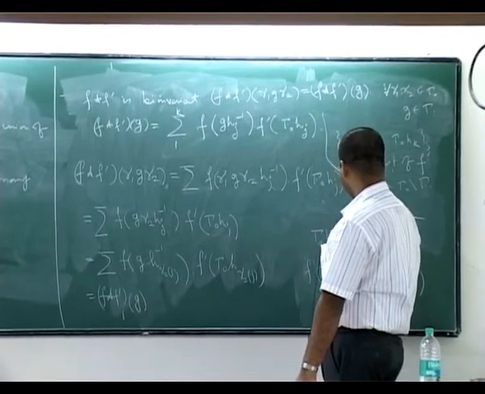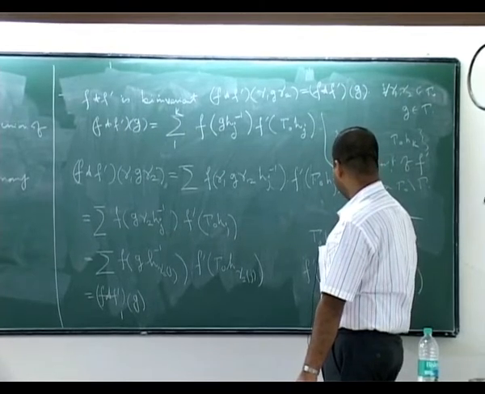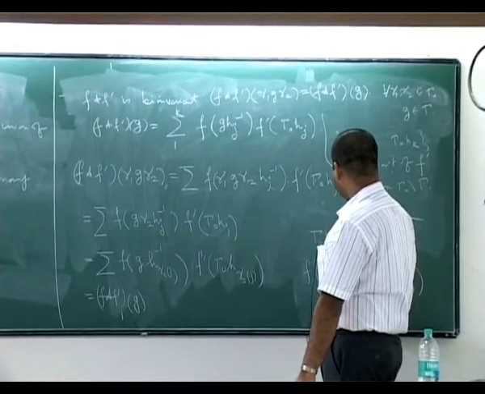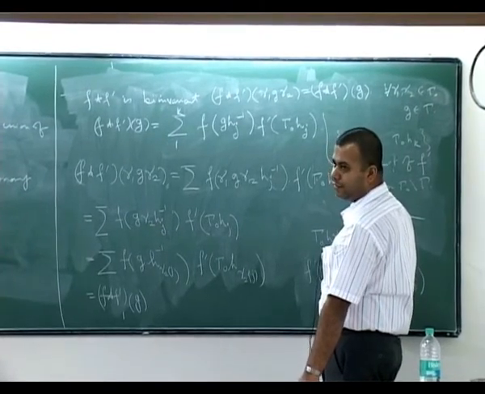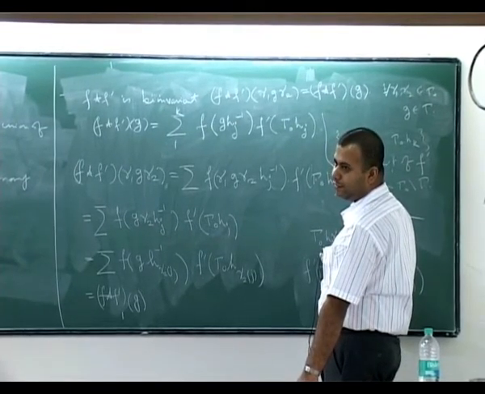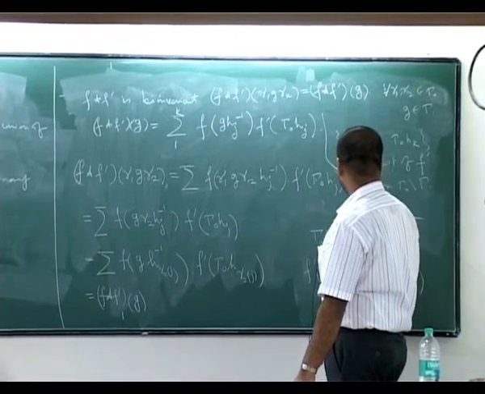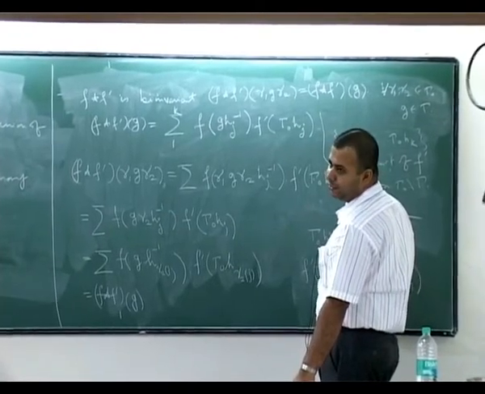So this is gamma naught h gamma 2j, right? This coset is the same as that coset. That is the definition of gamma 2j.